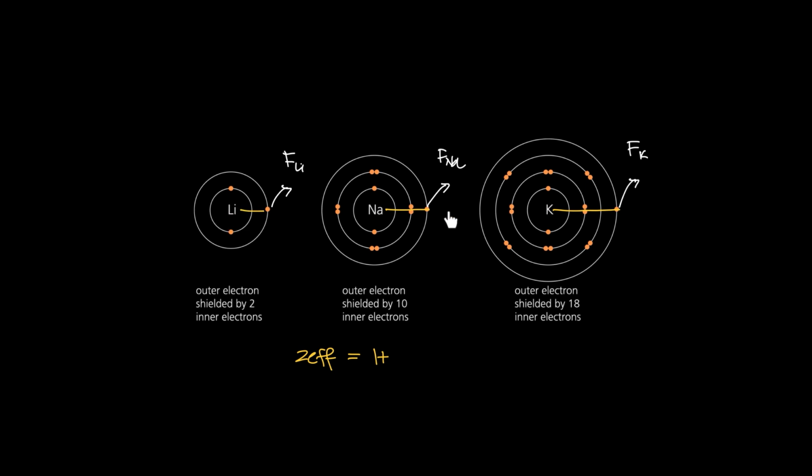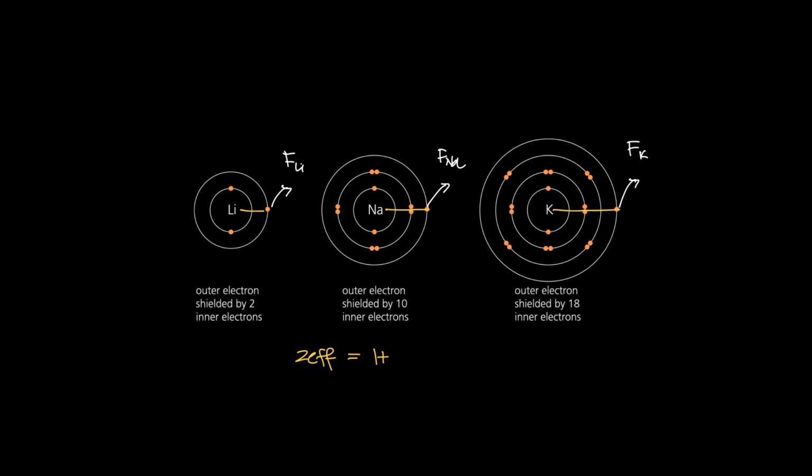Which electron will be the most loosely held amongst the 3? If all 3 have the same effective nuclear charge, then the one that is furthest away from the nucleus will be held the least strongly. So therefore, potassium becomes the easiest to lose and lithium becomes the hardest to lose in a group.